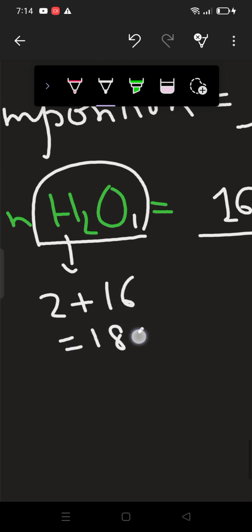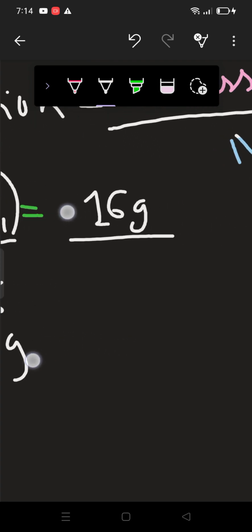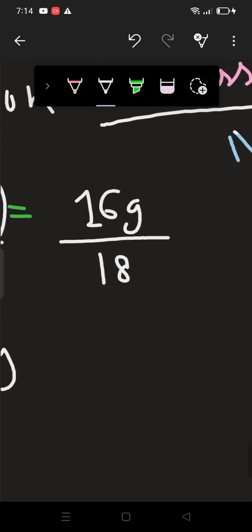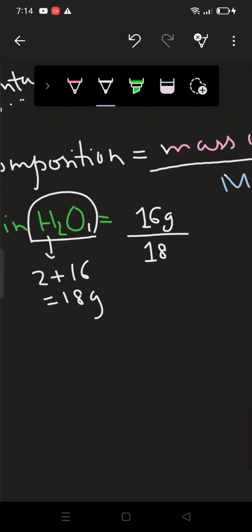Basically we have two hydrogen atoms, 2 plus, and one atom of oxygen has a mass of 16 grams, so 16 plus, right? And that's going to give us 18 gram. So the mass of the H2O is 18 gram. Basically what we have done here is we have taken the mass of only the element which we were going to find the percentage of, and that was of course oxygen, and we have taken the mass of the oxygen, and of course we know that that is 16, right?